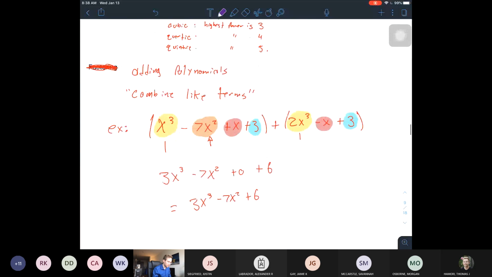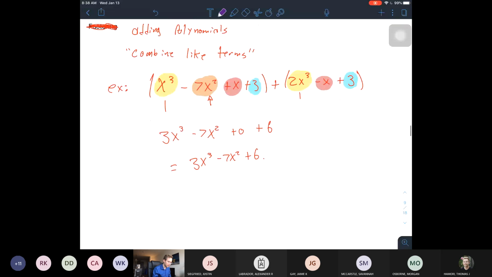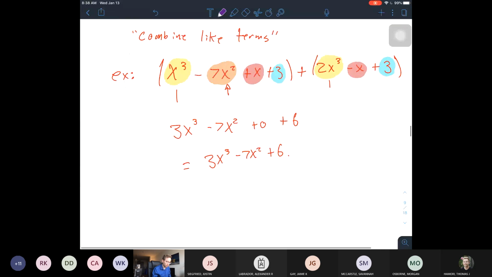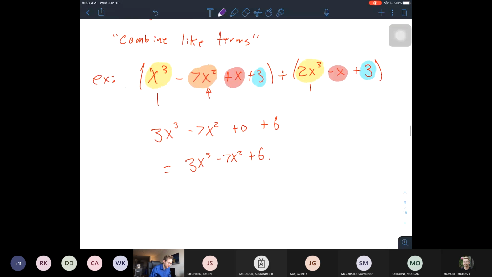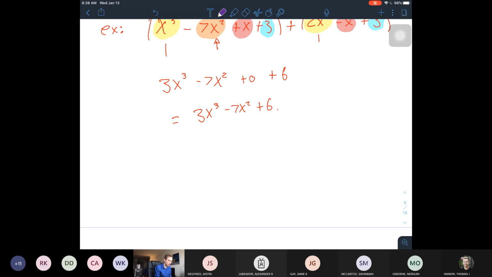Okay, so we talked about adding polynomials, and we talked about combining like terms. We said we just need to find terms of the subtraction or addition which have like degree powers of x, and combine those terms. So let's try one more. We'll do x cubed minus 21.